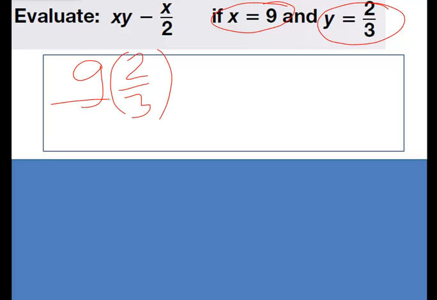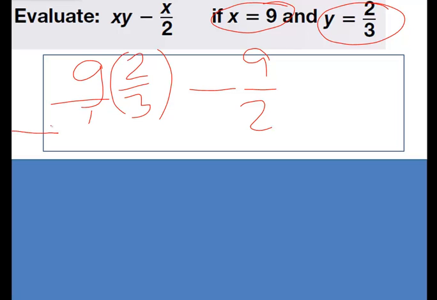Now, to keep things simple, I'm just going to put my 9 over a 1. That's going to make it easier for me. And then it says minus, and then it says x over 2, which we can change, because the x equals 9, so we can change that x to a 9 and put it over the 2. So here's our problem: 9 times 2/3 minus 9 divided by 2.